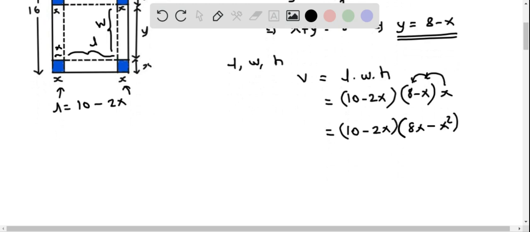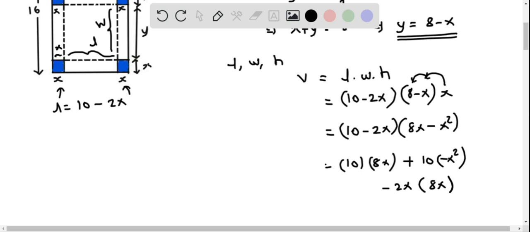Let's once again FOIL this out. So this is 10 times 8x, and then 10 times negative x squared. Then we have negative 2x times 8x. We then have negative 2x multiplied with negative x squared.